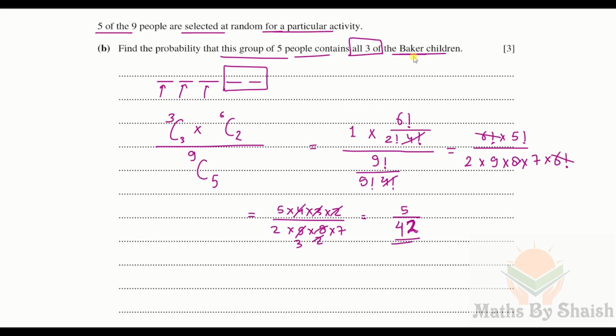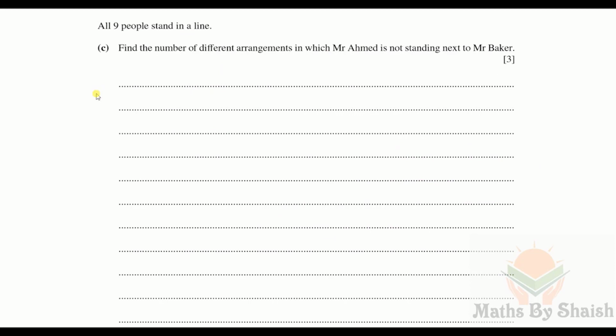Now all 9 people stand in a line. Find the different arrangements in which Mr. Ahmed is not standing next to Mr. Baker. So we have a fixed type of solution for this type of question.